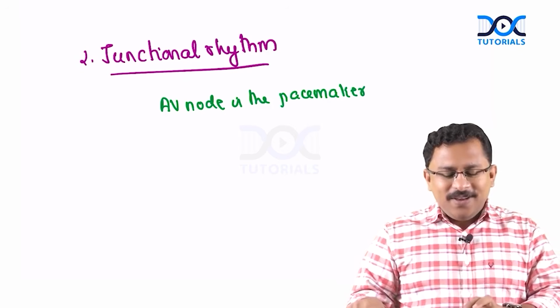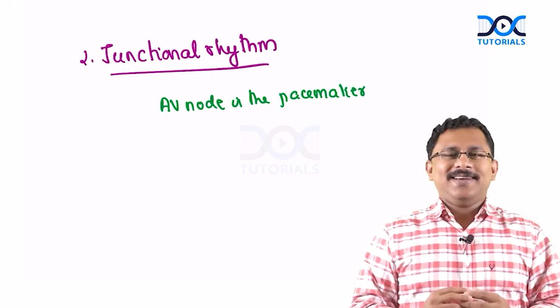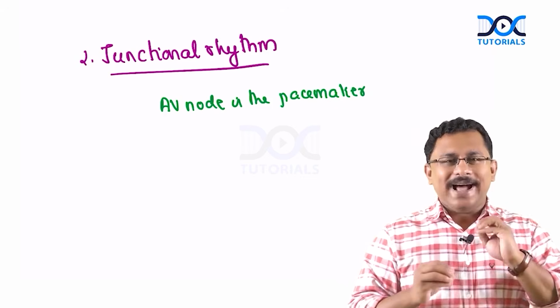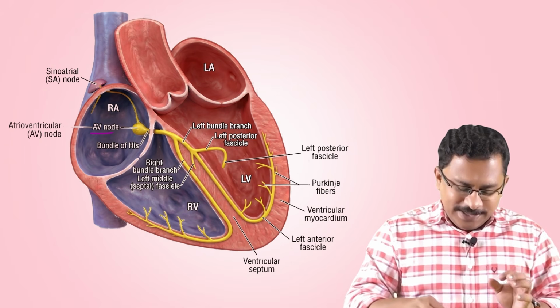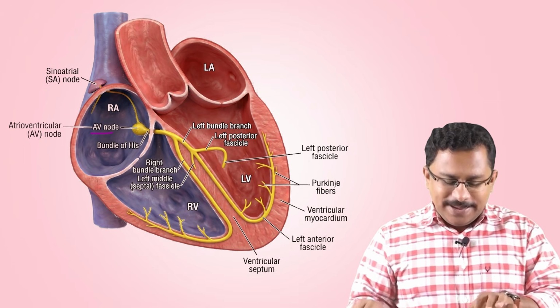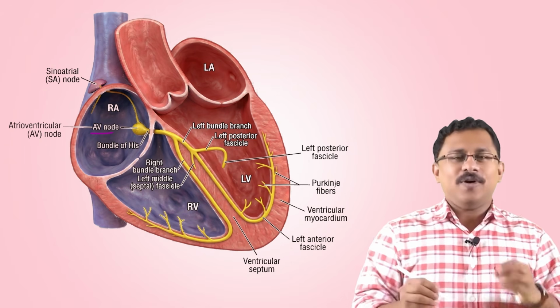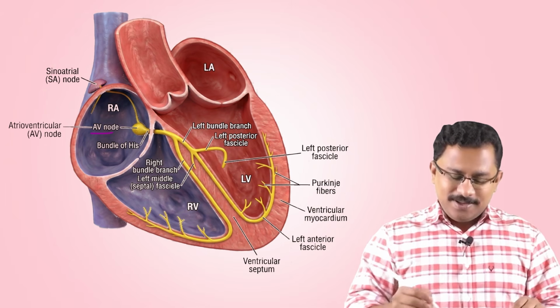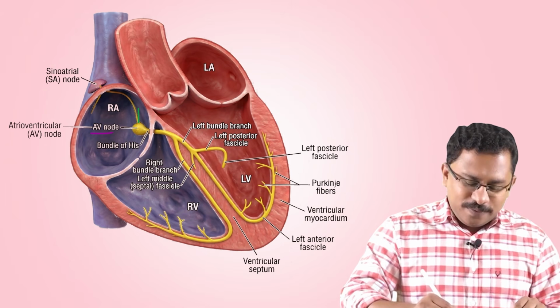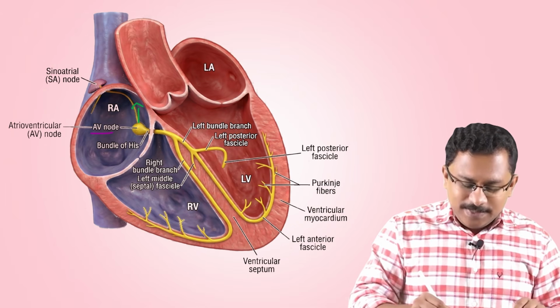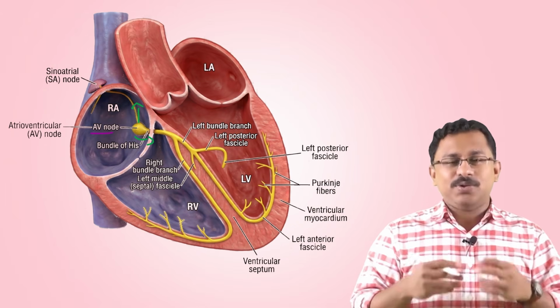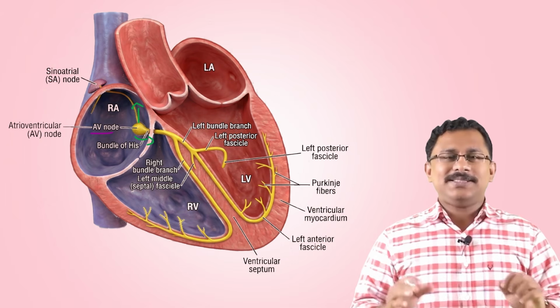So when the AV node is the pacemaker, let's try to see what will happen to the ECG. Going back to the figure, for the depolarization from the AV node, the impulse goes to the atrial side, and similarly to the ventricular side also there will be a propagation of impulse.